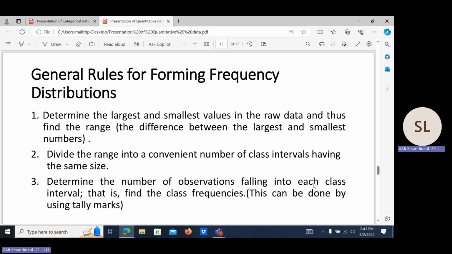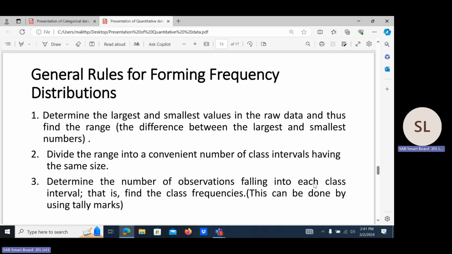33. Why? The size of the class is 4. No? Then 30, 31, 32, 33. Okay. Then what are the two limits in the first class interval? 30 to 33. Okay.